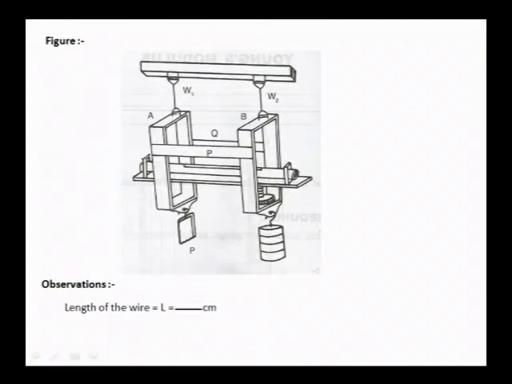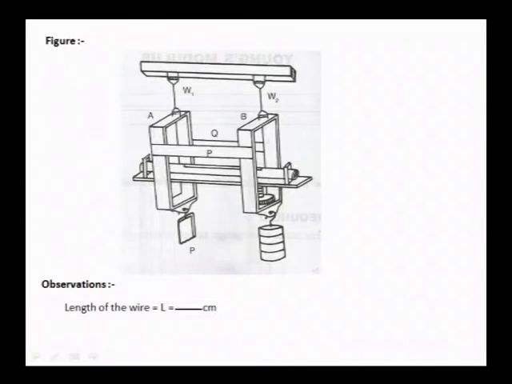Variable loads which can be changed from say 500 grams to 1000, and then 1000 to 1500, and then 1500 to 2000, and so on. So, in steps of 500 grams we are going to vary the load on the wire W2.